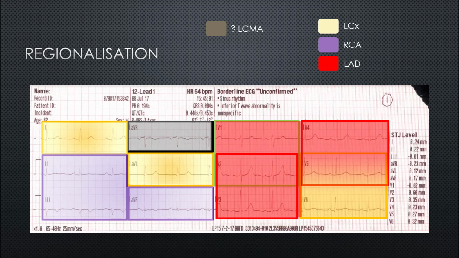So this is not a STEMI equivalent. However, researchers have linked ST segment elevation in AVR that coexists with ST segment depression in other leads to higher mortality and a higher incidence of adverse events. When it's coupled with anterior changes diagnostic of STEMI, it's prognostic for a poor outcome.